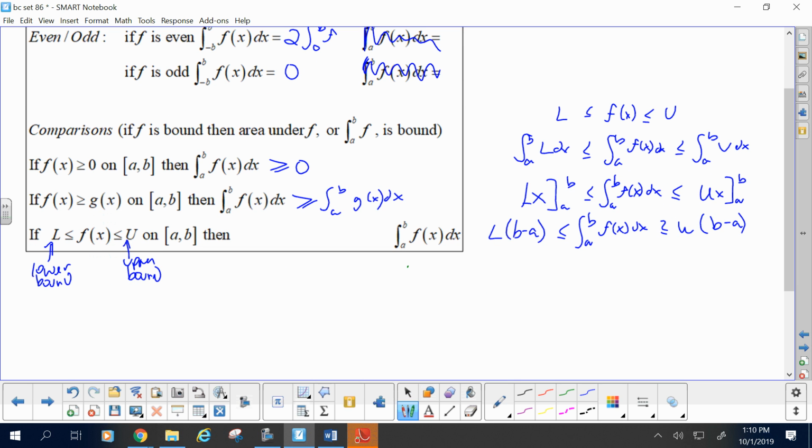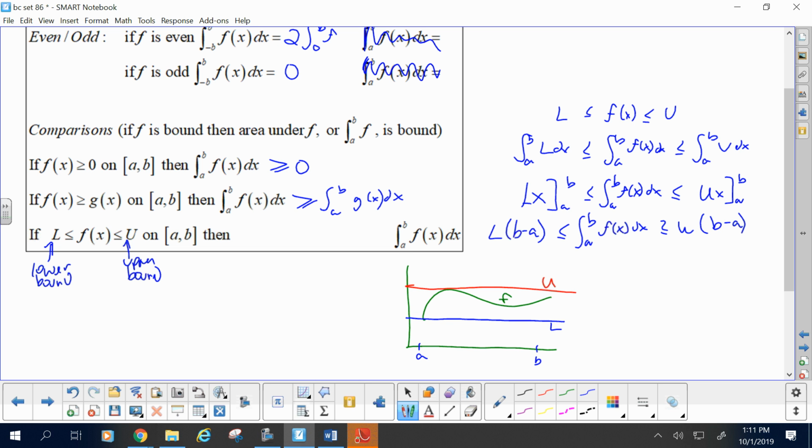Think graphically also. Would you give me a picture here? Draw an f. And say you had an upper bound that was like this, and a lower bound that was like this, L, and it was from a to b, right? So the middle obviously is the area under the green curve.